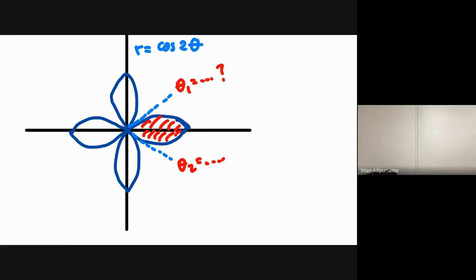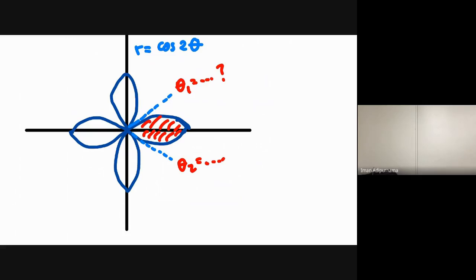This point is 0. So when theta is pi over 2 here, cos pi over 2 is 0, right? So 2 theta equal to pi over 2, theta will be pi over 4.